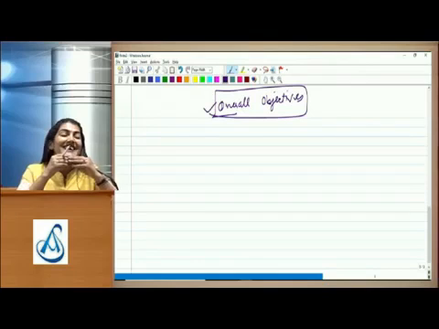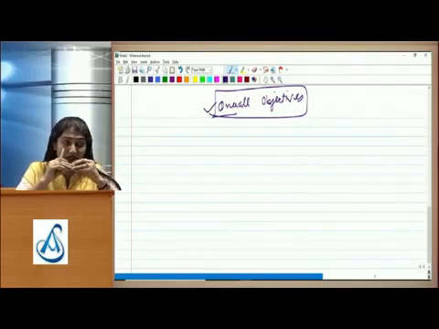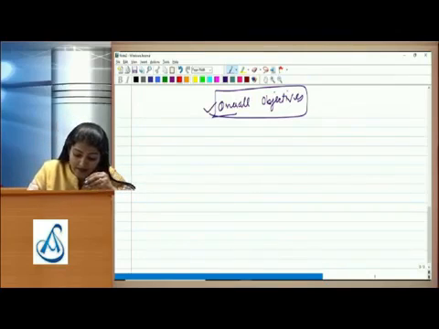Okay. Right, so overall objective. We need to see what is the overall objective of the independent auditor. Right, so what does the standard say? To obtain a reasonable assurance. What type of an assurance?